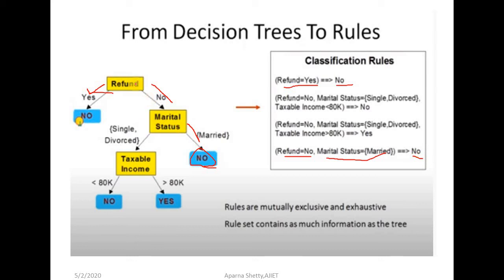Next, refund is no, marital status single or divorced, and taxable income less than 80k, so class will be no. Finally, refund is no, marital status single or divorced, taxable income greater than 80k, class is equal to yes.